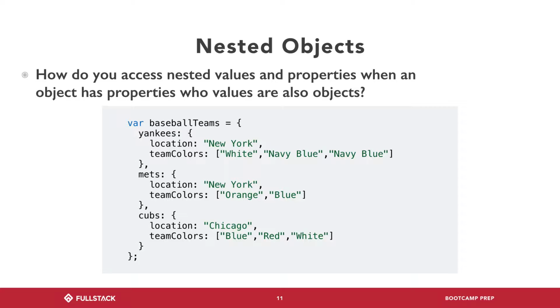So we do baseball team dot Yankees. What that's going to do is give us this object here, right? And now that we have an object, we can always just do dot location, right? Or bracket string location, right? So we can chain together these things as much as we want to, like we could do with arrays.